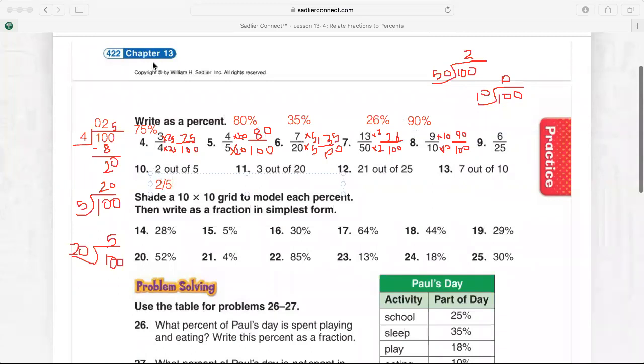It is the same as number 5, because 5 and 5 are in the denominator. Okay, girls? Here in number 3, 3 out of 20 will be 3 over 20. So it will be the same as number 6. You're going to multiply the denominator by 5 and the numerator by 5. Okay, girls? Got it, girls?